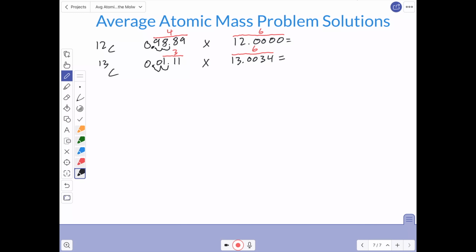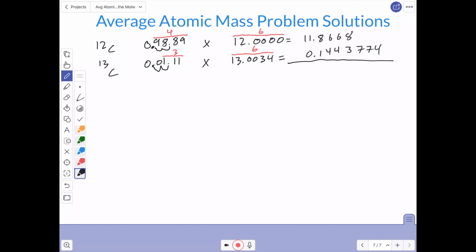Well, let's get my calculator out here. Get 11.8668. Multiply 0.0111 by 13.0034 and get 0.14437774.